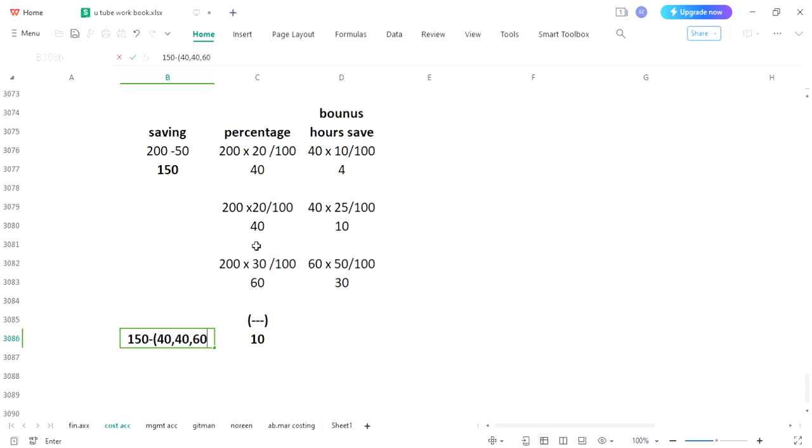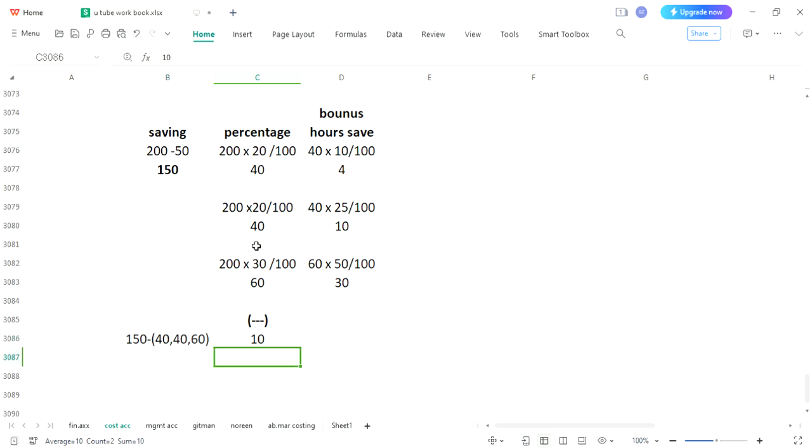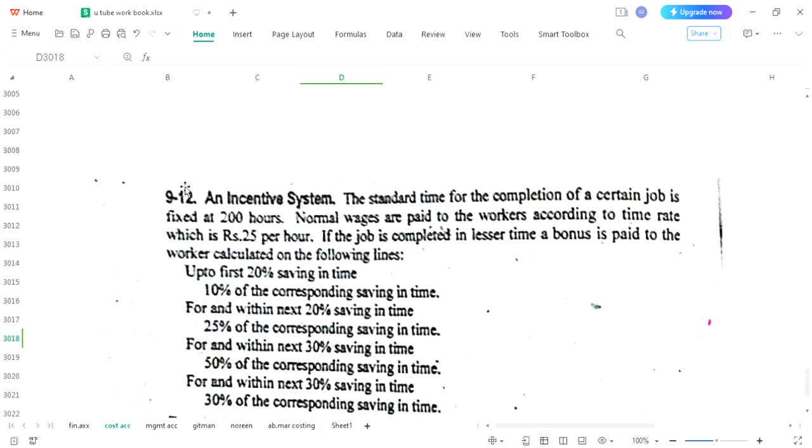So when you subtract, you will get this 10. Hopefully you have it in your mind why we have taken 10 and why we haven't calculated the next percentage. Because if you take 30%, again 60 would come and it would cross the limit of bonus hours, which is 150.